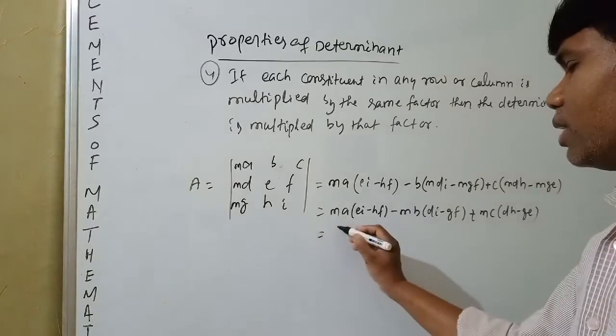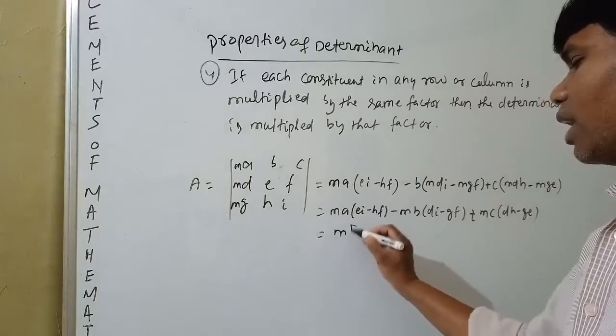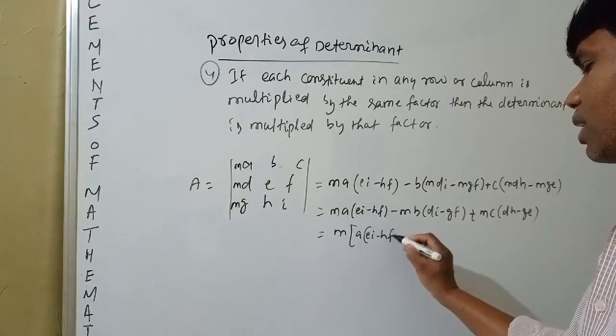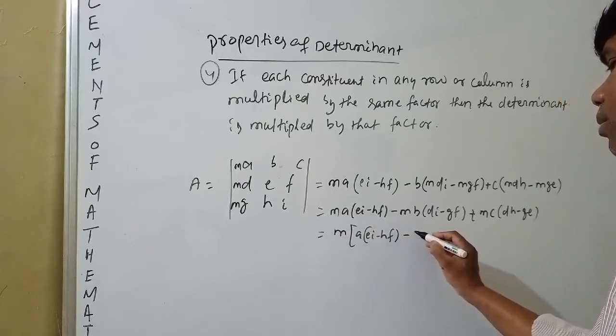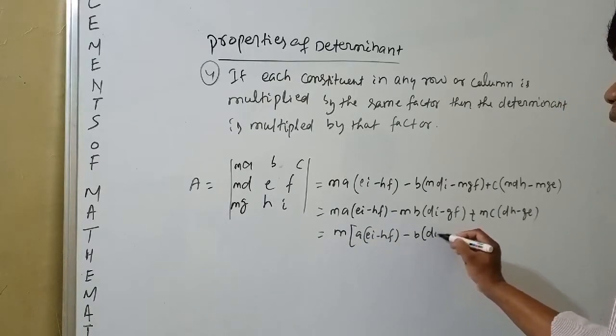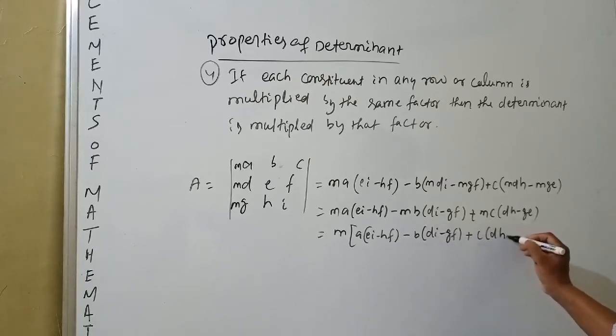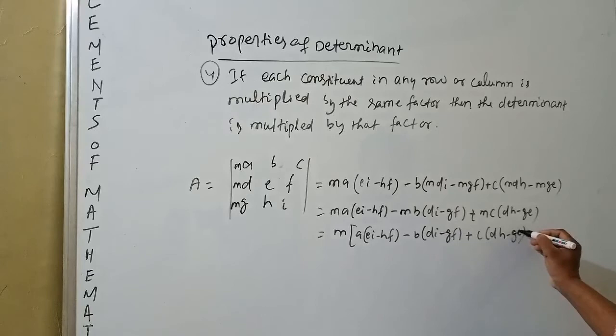Here M is a common factor in all the cases, so I can take M out: M times [A(EI minus HF) minus B(DI minus GF) plus C(DH minus GE)].